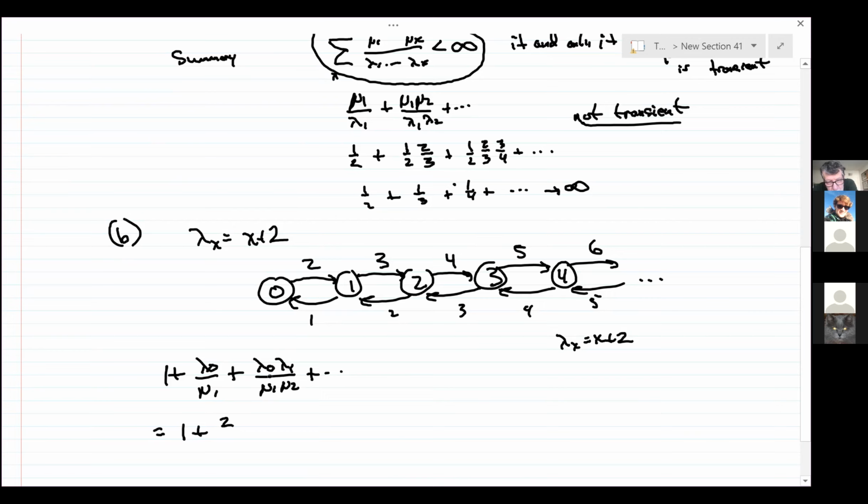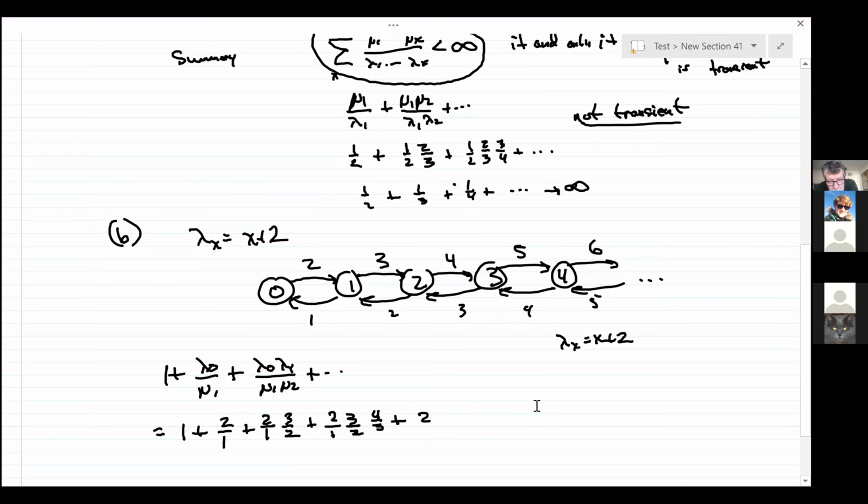And now this one would be 2 over 1, and lambda 1 over mu2 would be 3 over 2. And the next one would be 2 over 1, 3 over 2, and then what? 4 over 3. And one more should be clear enough to tell us what's going on. And the next one is 5 over 4.